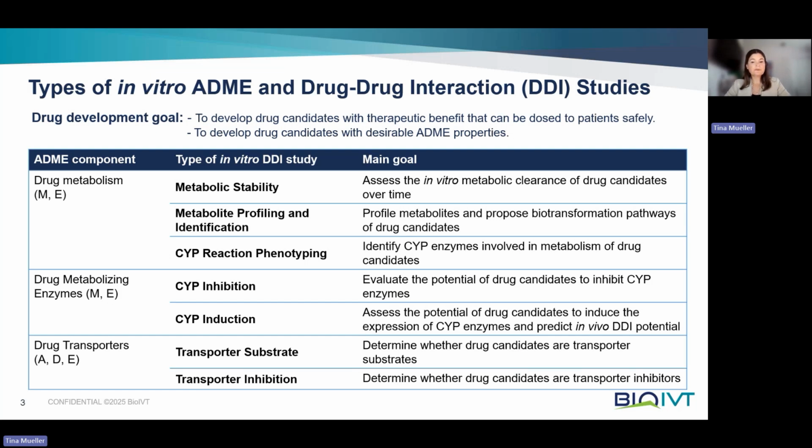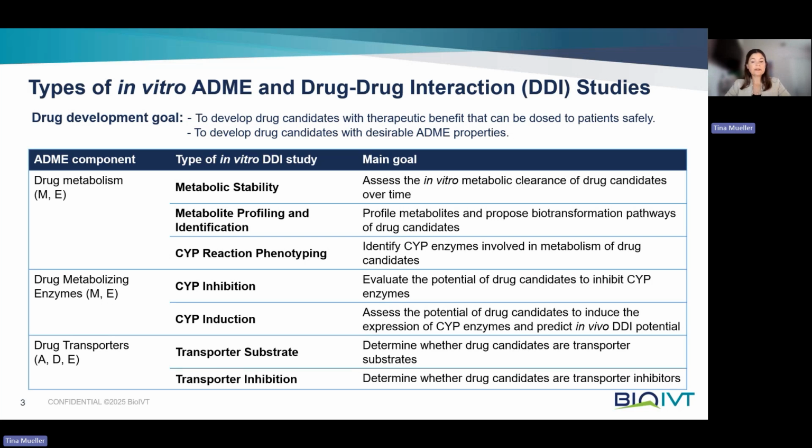In other words, we want to develop drug candidates that have desirable ADME characteristics. And in order to evaluate these ADME properties, drug candidates are routinely subjected to a series of in vitro DDI studies, of which the most common ones are listed in this table here.